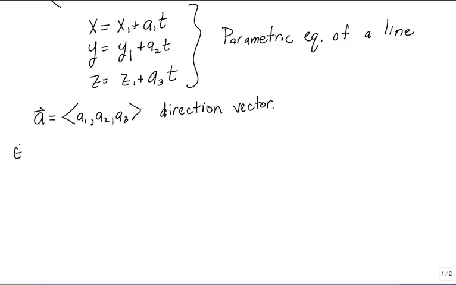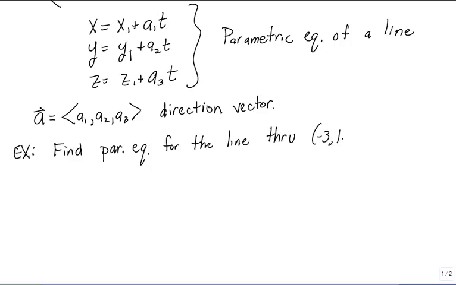So for an example, let's find the parametric equation for the line through these points. Okay, the first thing you have to do is find A, the direction vector, and that's just the vector representation between the 2 points.